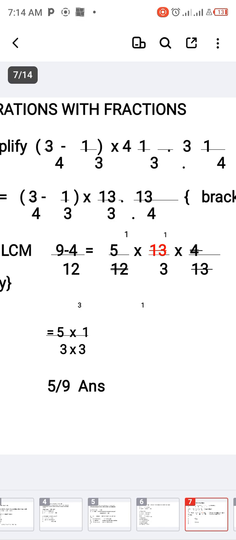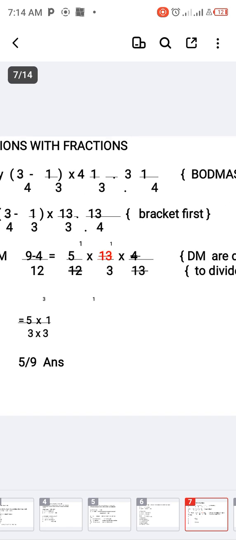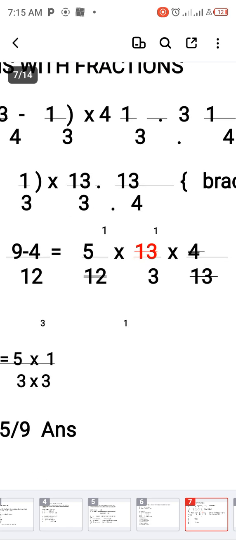What we are going to do next is to multiply. After the bracket, you multiply, and you take the multiplication from left to right. Before we multiply, we need to change 4 whole number 1 over 3 into an improper fraction, and it becomes 13 over 3, which is what we got here.